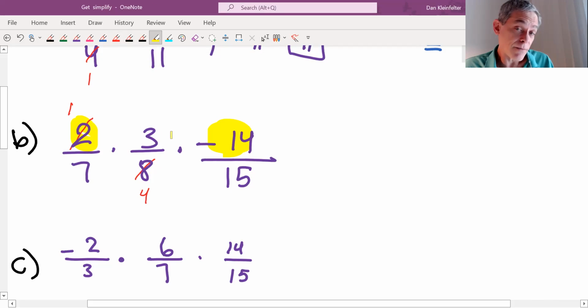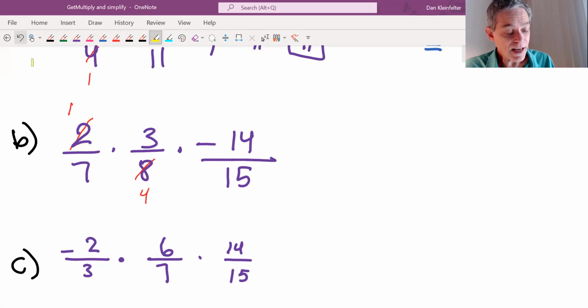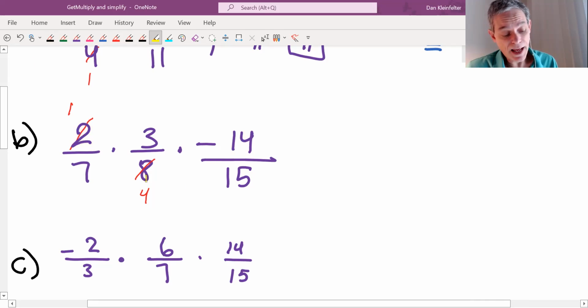You have to divide or multiply the numerator and denominator, so one number on the top and one number on the bottom. Okay, and I chose to do 2 and 8 here. If we like, though, we could have used the 8 and the 14. Both of those are divisible by 2. Which is better? Often it doesn't really matter, so you can just pick. I saw the 2 and the 8 first, so that's what I used.